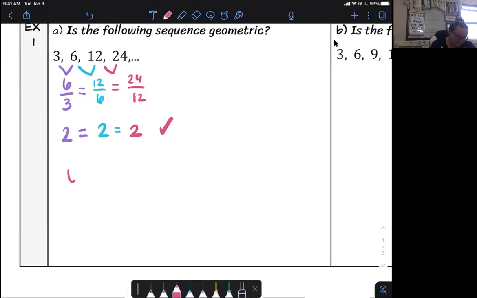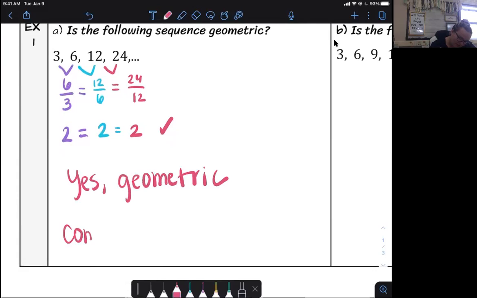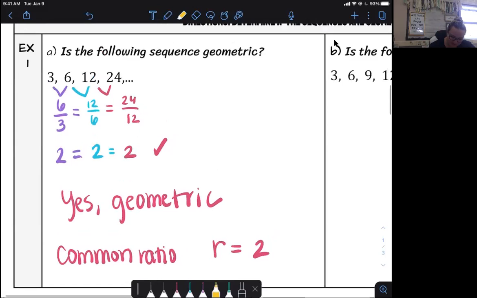So yes, it's geometric. And your common ratio, R, is equal to 2. So let's just double check that works correctly. 3 times 2 would be 6.